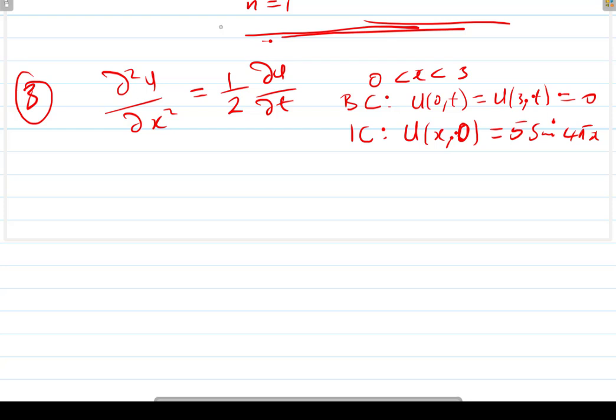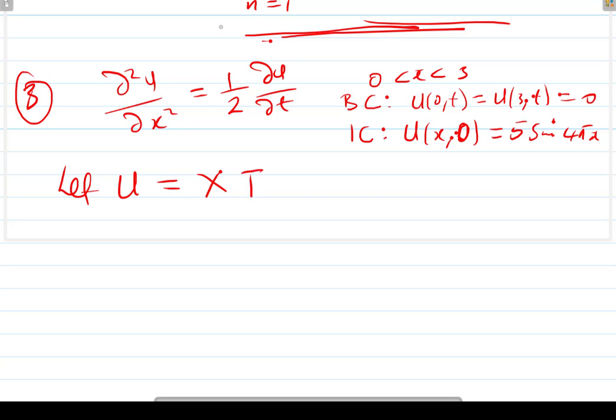Now we are using separation of variables, just as before. That's why this is one easy method to use. We are dealing with u, which depends on x and t, so allow me to write it just like that.